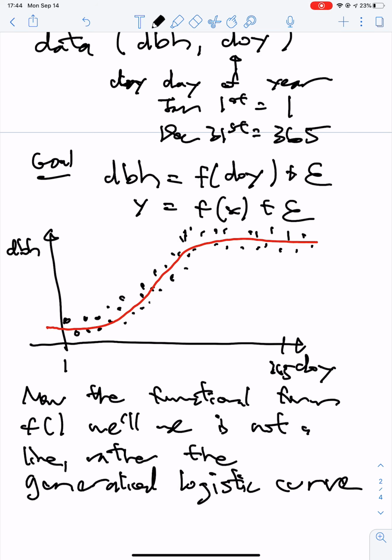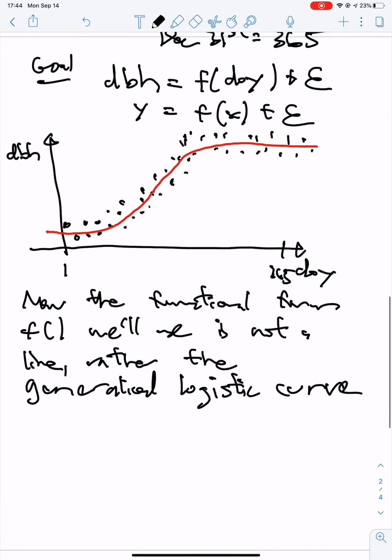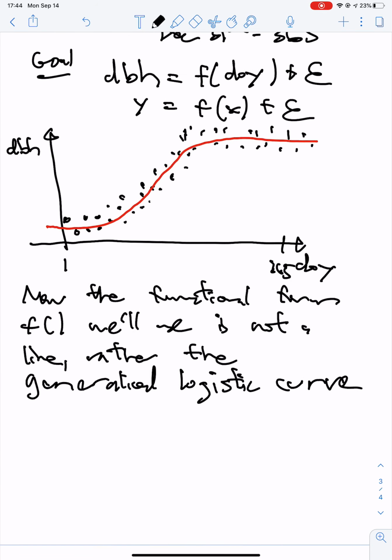The generalized logistic curve has not two parameters, not slope and intercept, but rather 5 parameters.